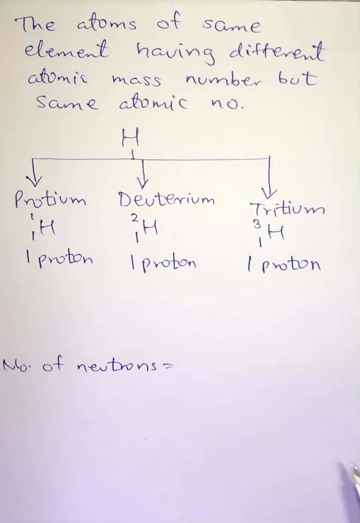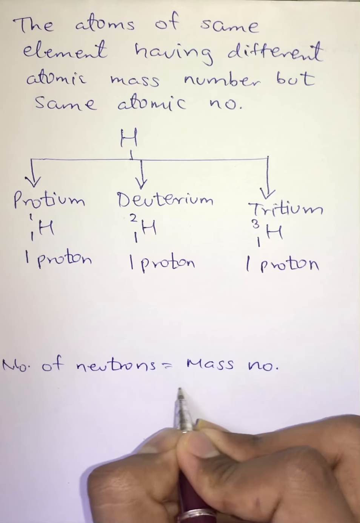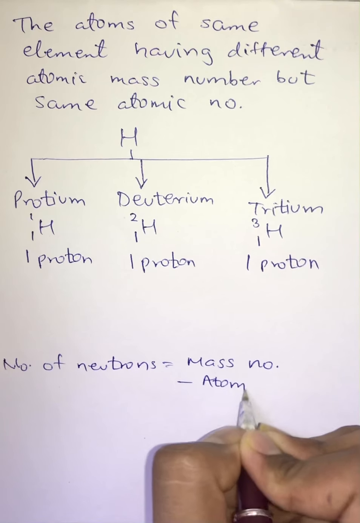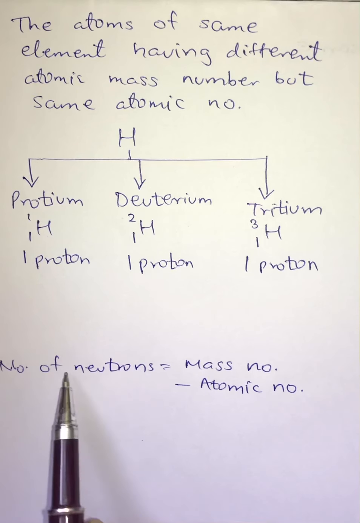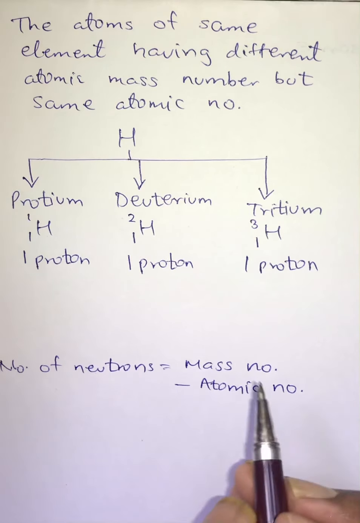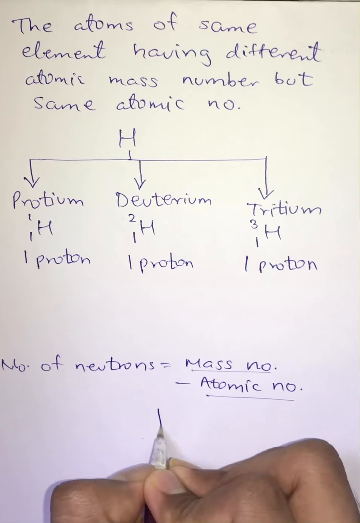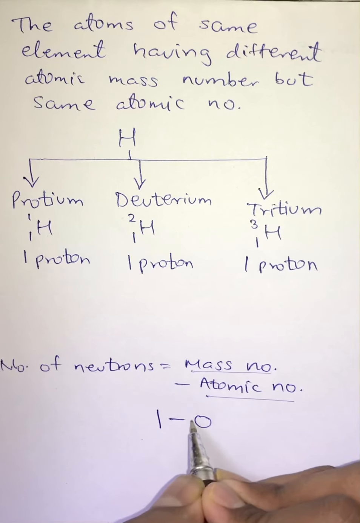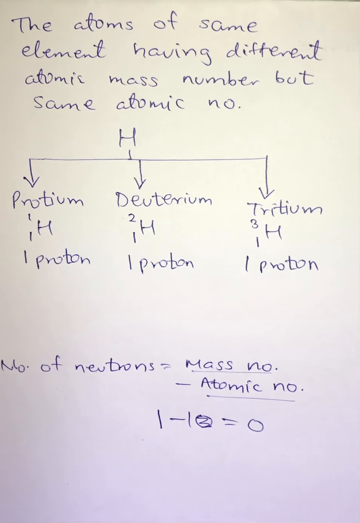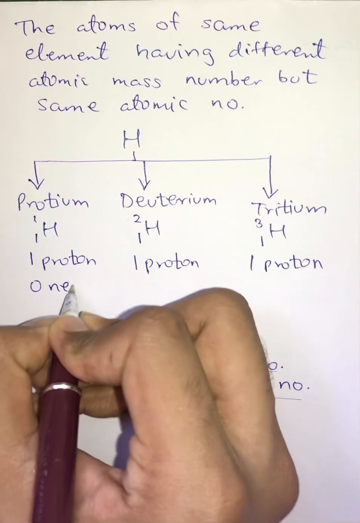Number of neutrons is nothing but mass number minus atomic number. So you have to subtract atomic number from mass number. What is the mass number in protium? The mass number is 1, and the atomic number is also 1. So 1 minus 1 gives you 0. So in protium there are 0 neutrons.